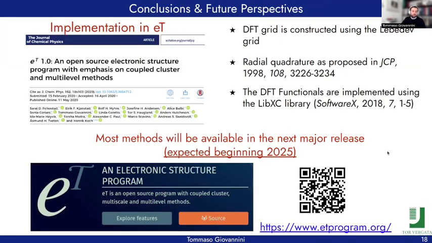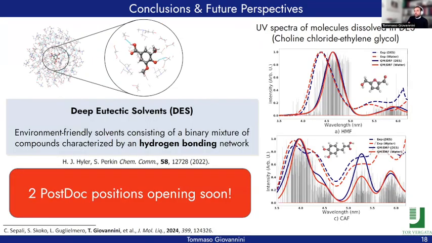So to conclude this part, all these methodologies have been implemented in this open source code. They will be available in the next major release, expected at the beginning of 2025. So if you want, you can download it. We are now working on developing approaches to describe novel classes of solvents.